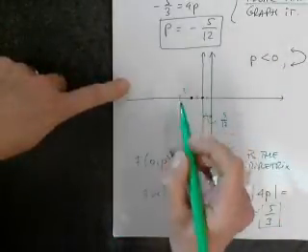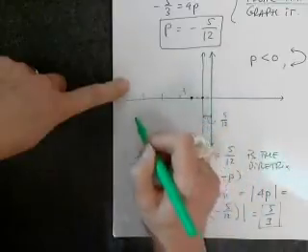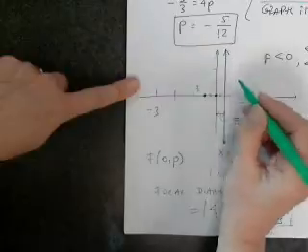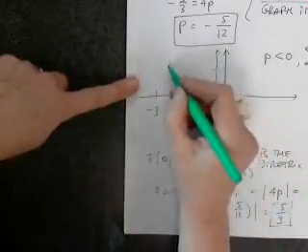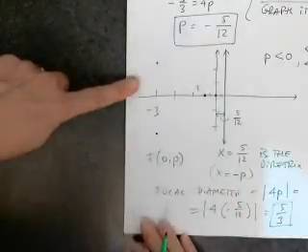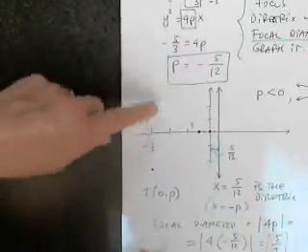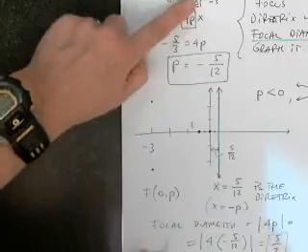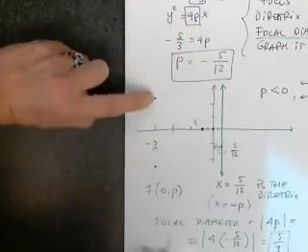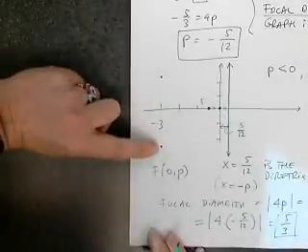So I'm going to say this is 1, 2, negative 3. When x is negative 3, I have y squared equals 5. And when I take the square root, I get this point positive and this point negative.